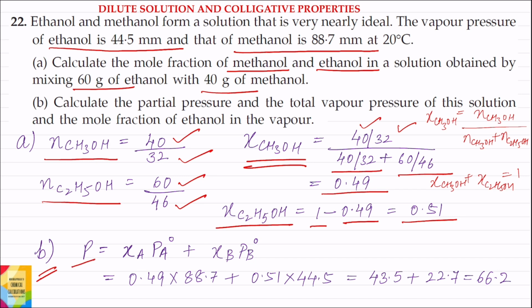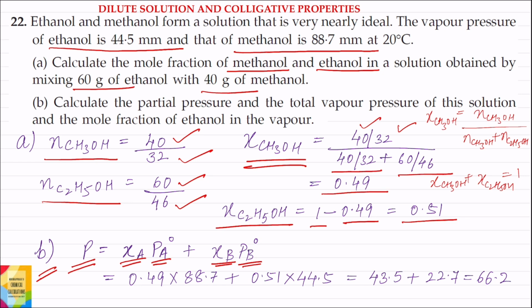Now pressure of the solution is equal to mole fraction of methanol into pressure of pure methanol plus mole fraction of ethanol into pressure of pure ethanol. XA denotes the mole fraction of methanol, P0A denotes the vapor pressure of pure methanol, XB denotes the mole fraction of ethanol, and P0B denotes the vapor pressure of pure ethanol.